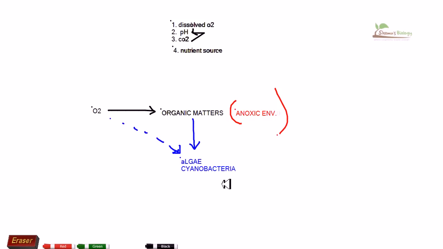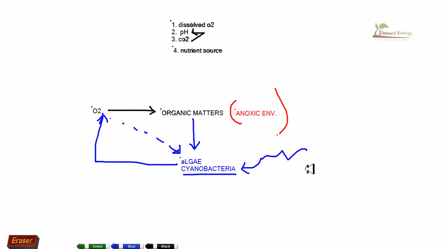Right after the production of the algal bloom, they start to secrete organic matter again, the dissolved organic matter, and they start to produce oxygen again, because there are cyanobacteria, and we know cyanobacteria have chlorophyll. So they can take the energy as sunlight, and they can take the nutrient as a source, and with the help of water they can utilize all these things to produce food through photosynthesis.